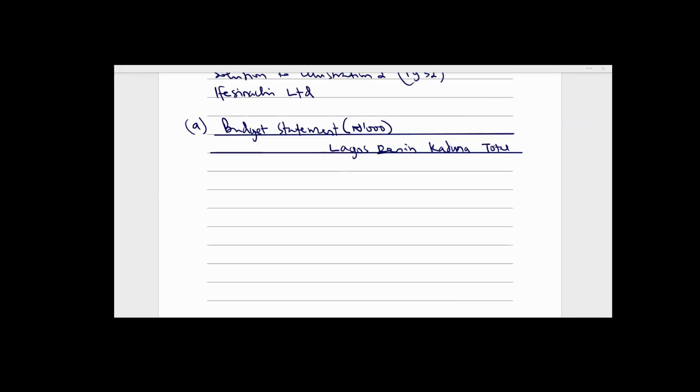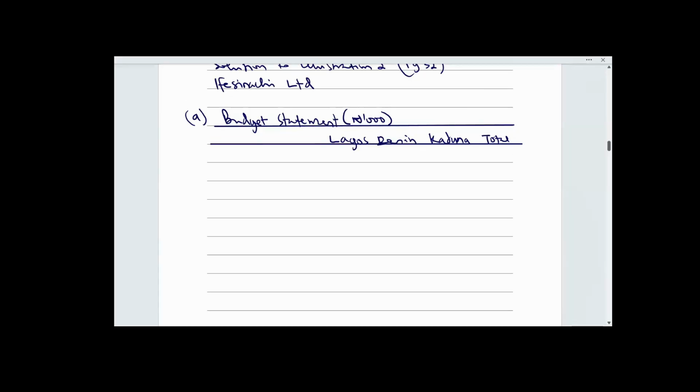So I will come here, units in thousands. Lagos is 70, Benin is 20, Kaduna is 10, total is 100,000.